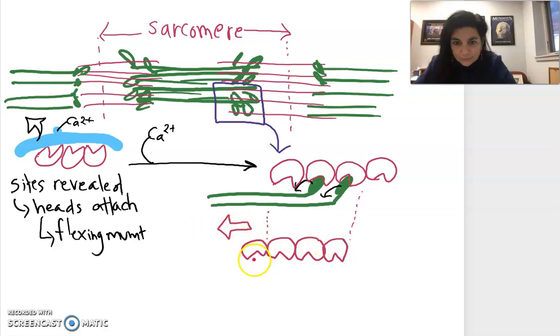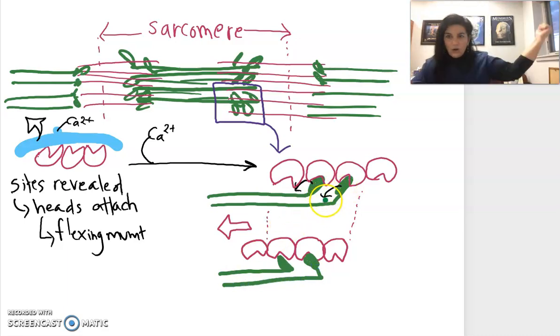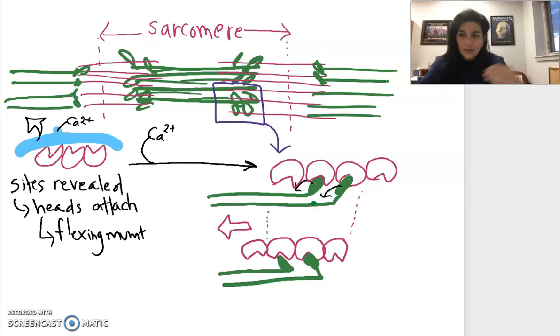It moved forward because the heads have flexed. And here I'm going to show the flexed head. There's one and two. So the head was cocked, and then it flexes. And when it flexes, it ratchets, so it moves the filament inwards.